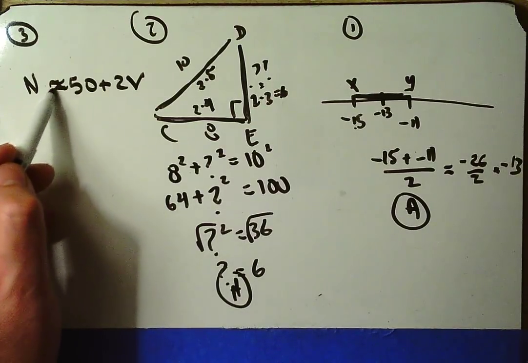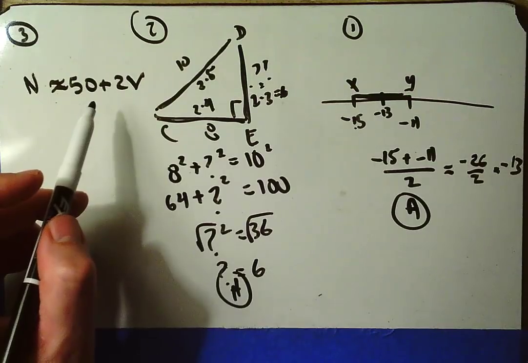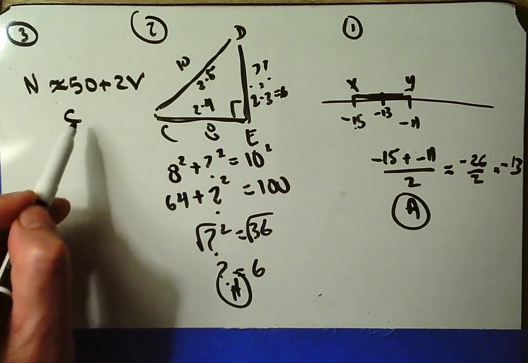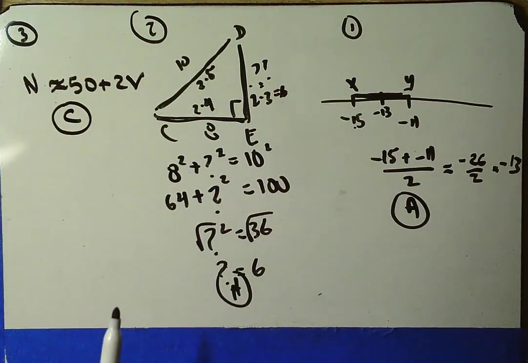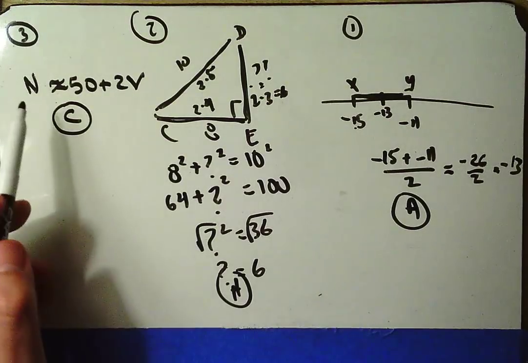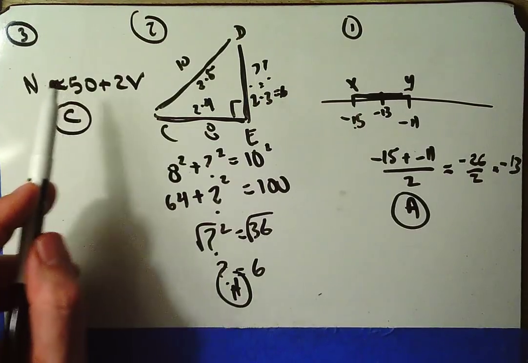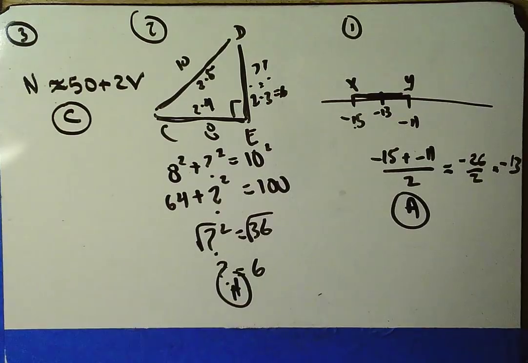Ooh, it's an approximation. I'm looking for 50 plus 2v, and I see 50 plus 2v as choice C. Choice C for number 3. Okay, so 1 is A, 2 is H, and 3 is C. 3 was just a direct translation. The number is close to 50 more than twice the volume.